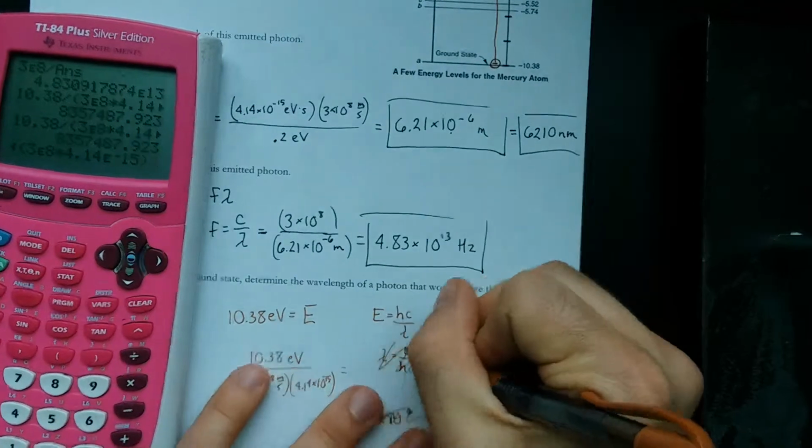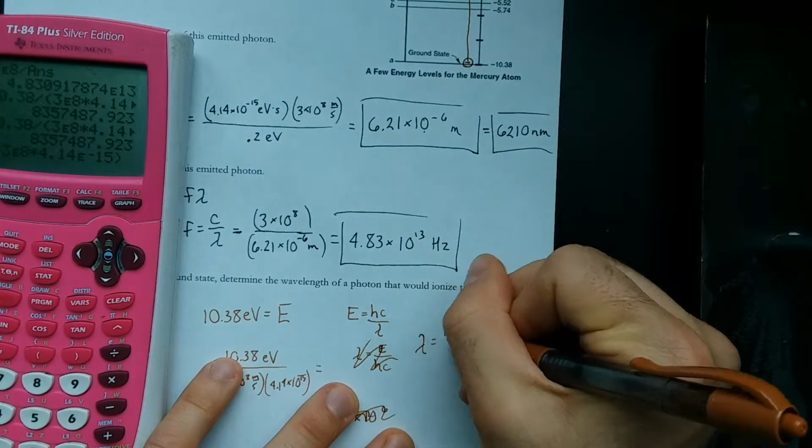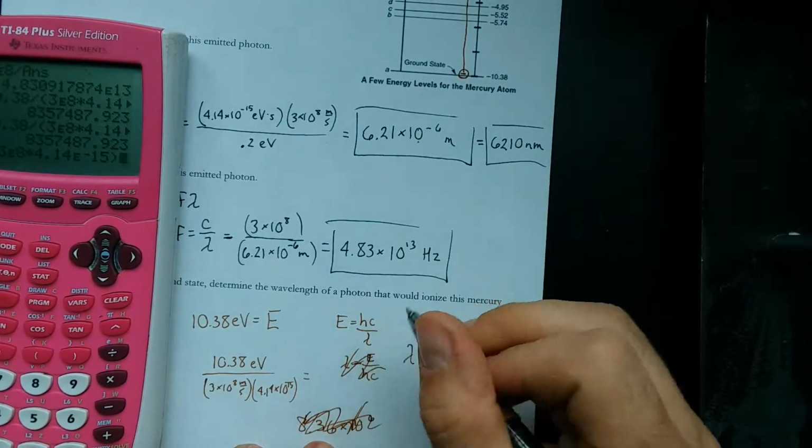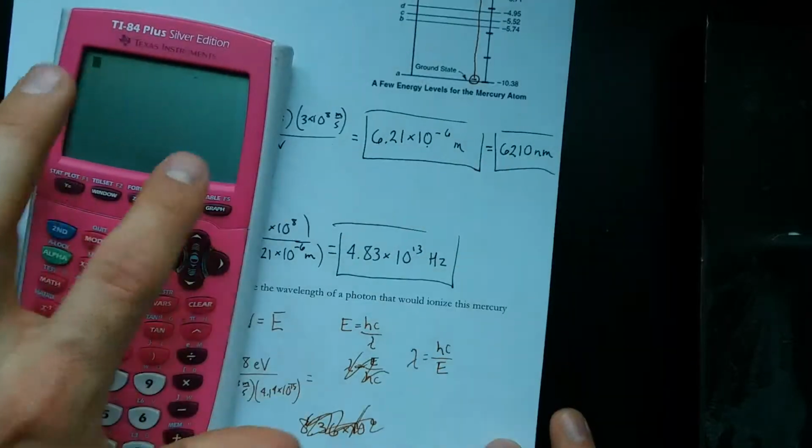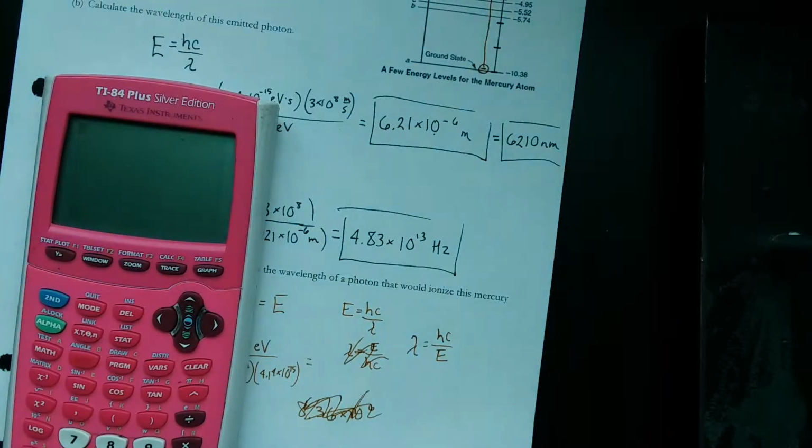Oh, lambda equals hc over E. You probably caught that before I did, but I'm going to keep that in, because if you're going too fast, then you're always going to have a problem. So let me try that again.